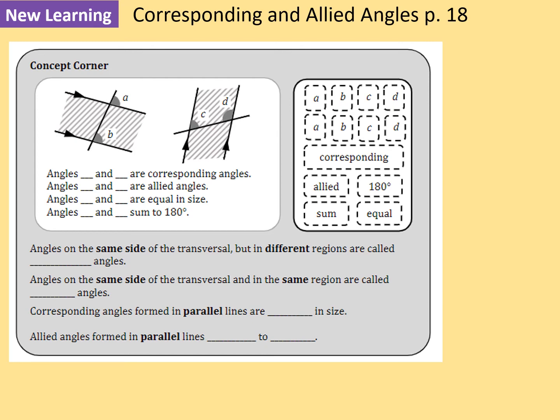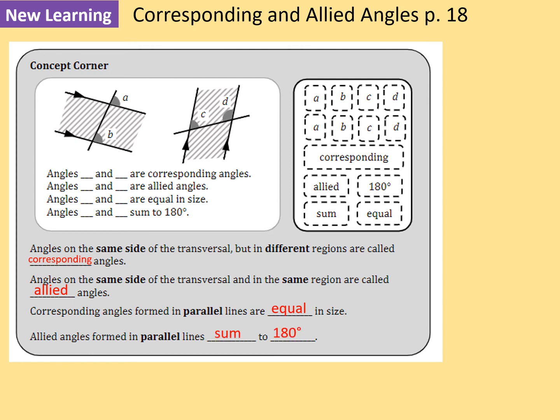Angles on the same side of the transversal but in different regions are called corresponding angles. Angles on the same side of the transversal and in the same region are called allied angles. Corresponding angles formed in parallel lines are equal in size. Allied angles formed in parallel lines sum to 180 degrees.